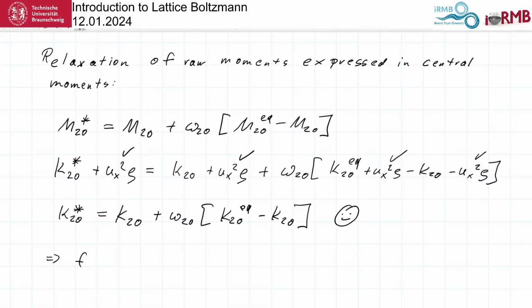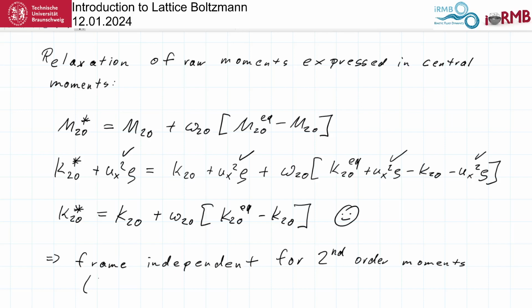And this is also the reason why they came up with the MRT method in raw moments in the first place, because, as you see, this is the way to go. You can relax the moments in any frame, and they always give you the same result. So, at least this is the case for the second order moments.